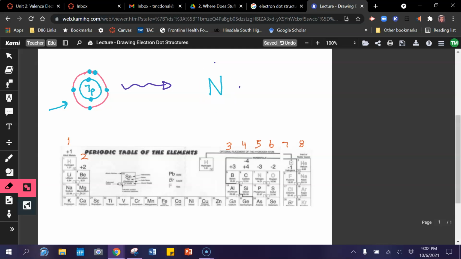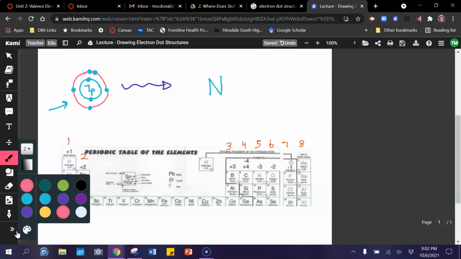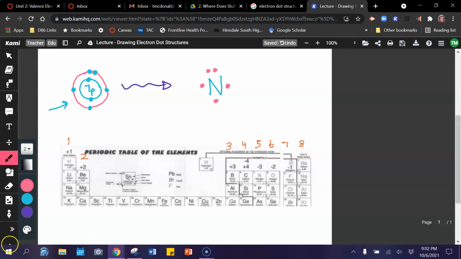So let me erase these marks and show you what I mean by that. So in nitrogen, we have 5 valence electrons because I've got 5 blue dots on the pink ring. And here's how I'll place them. Top, side, bottom, other side, and top. And there you are. That is the electron dot structure for nitrogen.